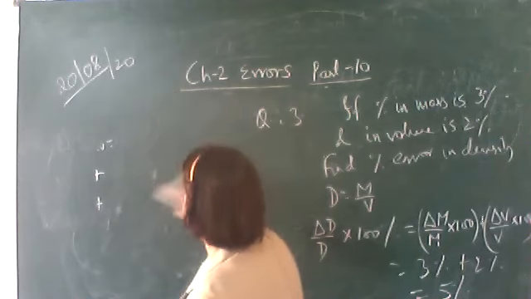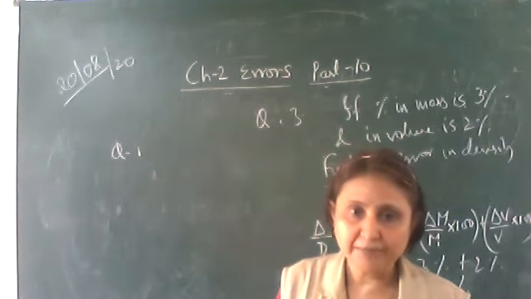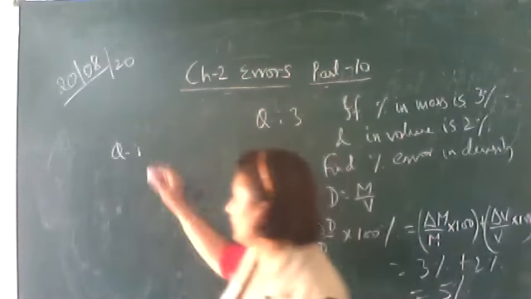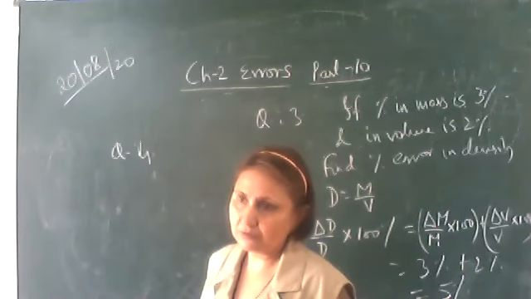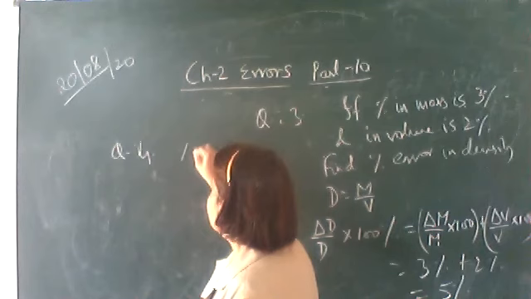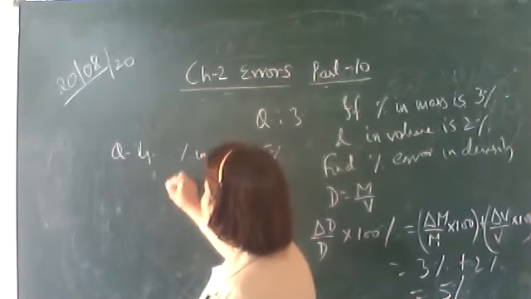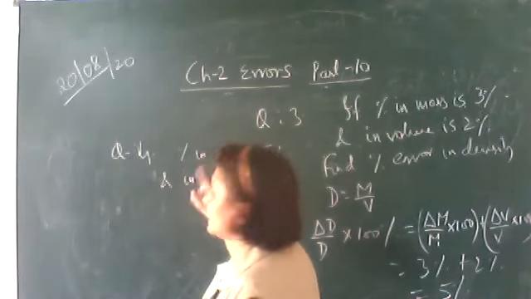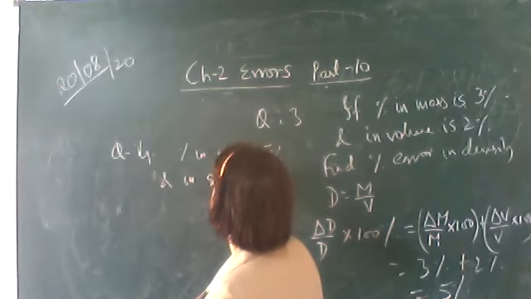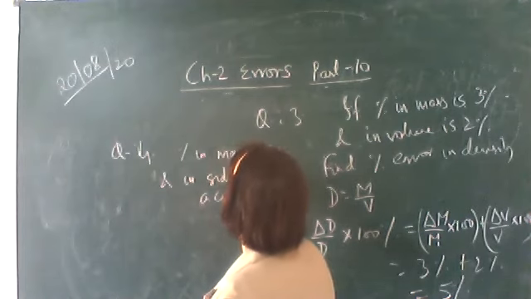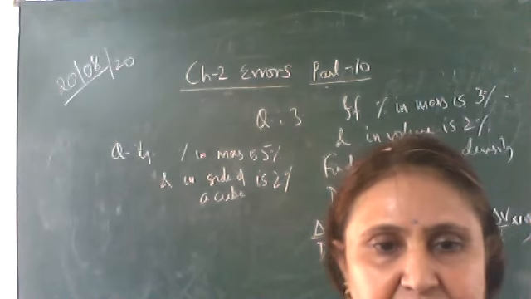One last question before I leave the class. Write down: in measuring the density of a cube, the percentage error in mass is 5%, and in measuring the side of a cube, it is 2%.